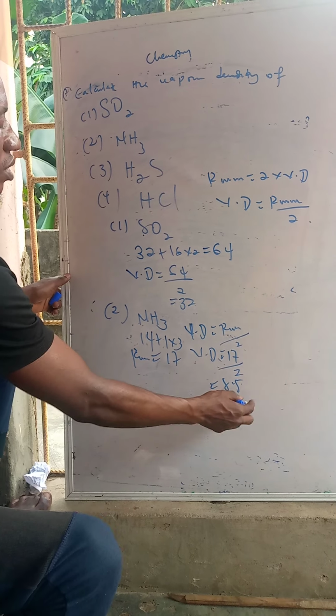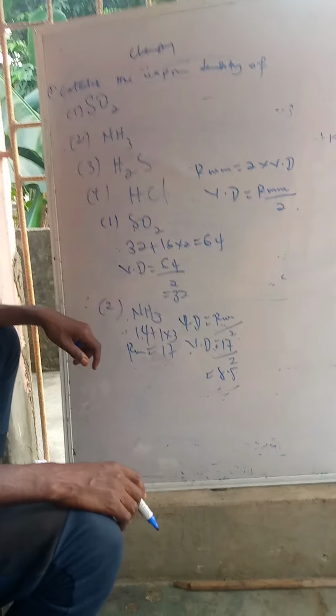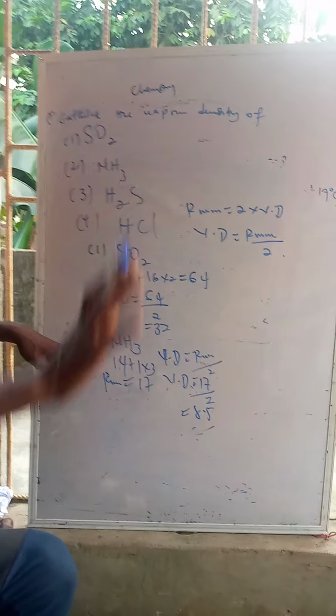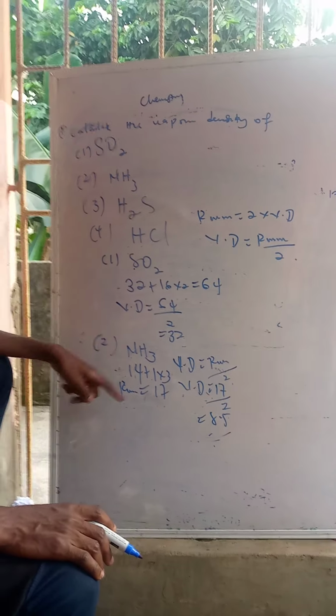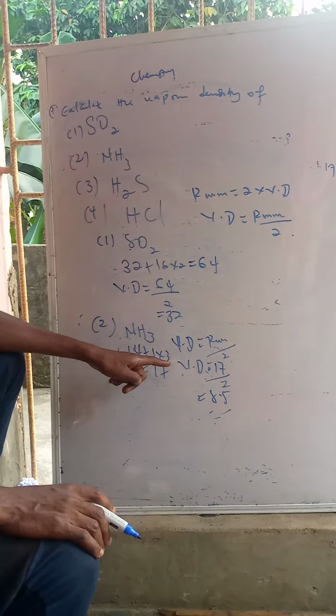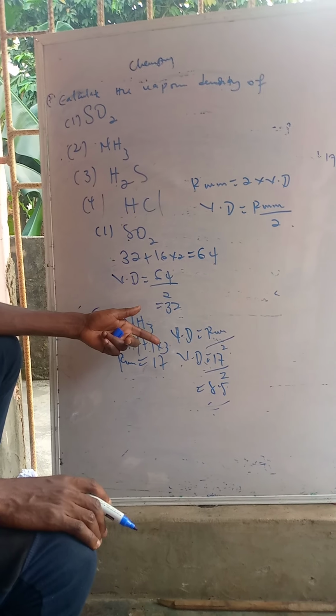So that is the answer to that one. I guess you can take care of the remaining ones as long as you understand what vapor density is all about. Once you know the RMM, divide it by 2, and of course you can get it from there.